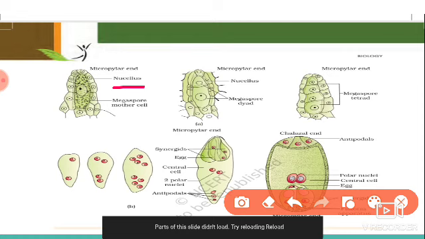And here, during the formation of megaspore, what will happen? Among the mass of cells present in the nucellus, one of the cells which is present nearer to the micropylar end will undergo division. Please remember, the mass of cells present, those we call the nucellus.